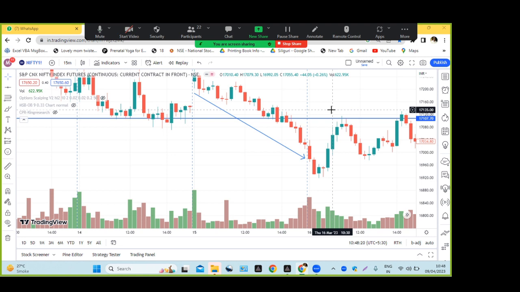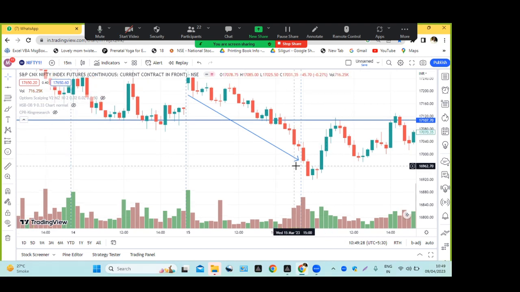Because it is continuously falling, and if there is no bigger bad news, just like corona we had earlier in 2019 or 2020, you cannot panic. Why? If you see, all these guys have some kind of stop loss. This one will have here, this one will have here, everyone will have some stop losses. Am I correct?